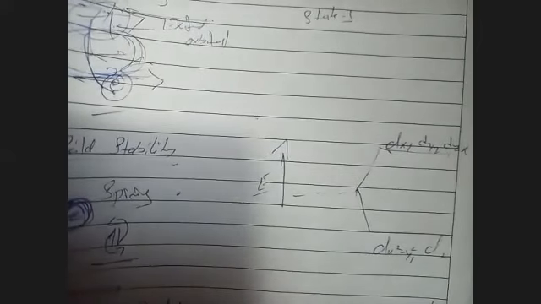Now let us come to the color complexes of coordination compounds. How do color complexes form, how do coordination compounds give colored complexes?